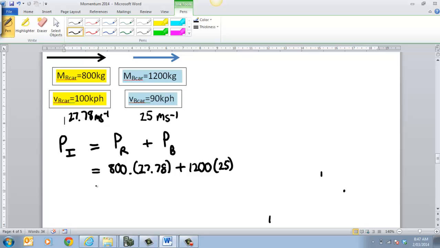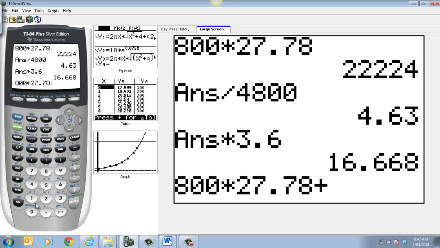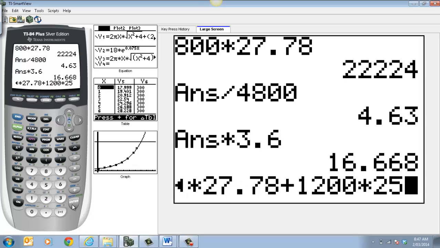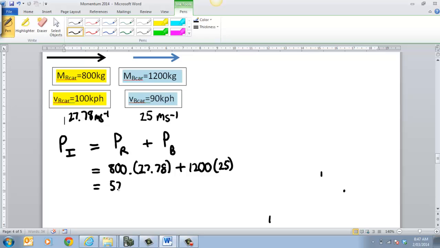So on my calculator it's 800 times by 27.78 plus 1200 times by 25, and that will give me my initial momentum, which is 52,224 kg m/s.